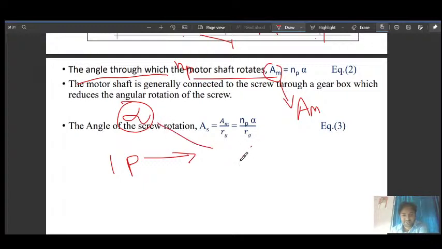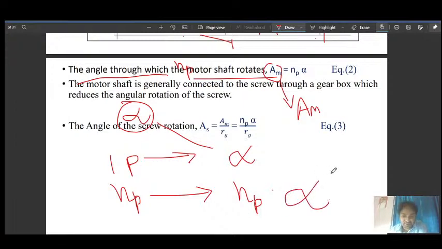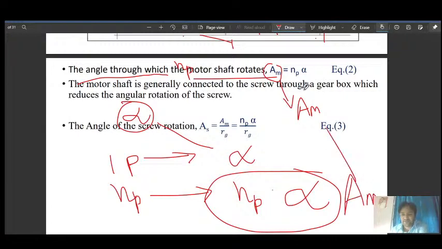If we are supplying Np pulses, P for pulse, Np pulses will cause a rotation of Np into alpha. That is the angle of rotation AM, A for angle, M for motor.